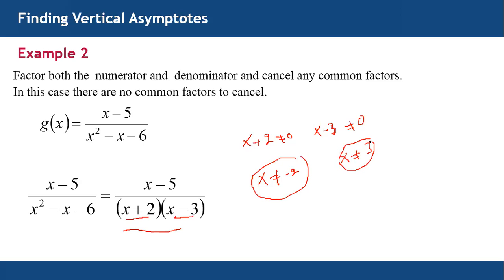In this case we have two asymptotes, two constraints for the domain. Minus 2 is not possible and plus 3 is not possible. If you give either, the denominator is 0. The graph will never touch these two points, minus 2 and plus 3.